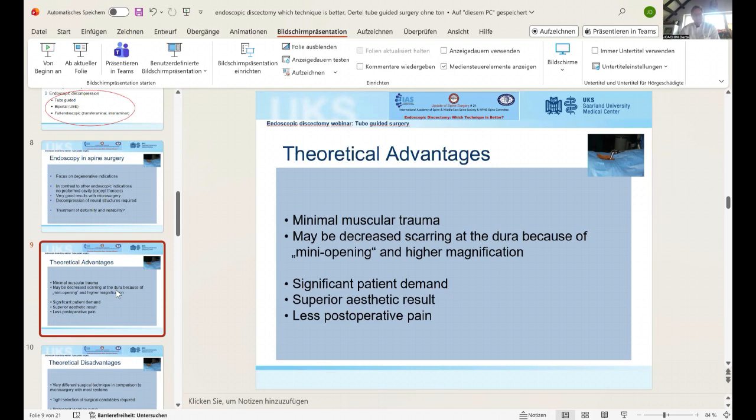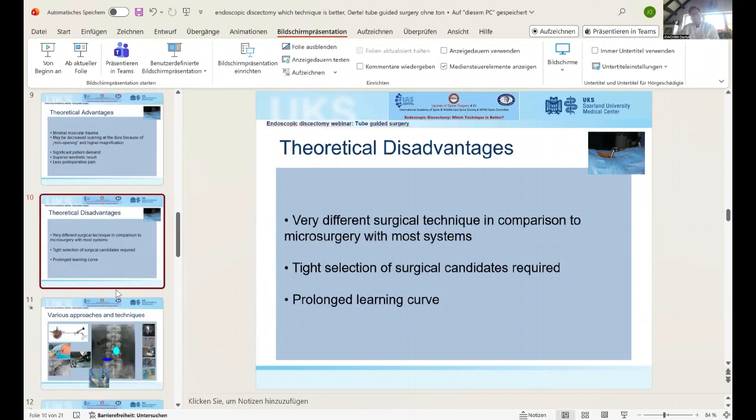What are the disadvantages? The disadvantages are that the microsurgical techniques are different from the endoscopic techniques. So either you focus on endoscopy and do only endoscopy, or you have to have a mixture of microscopic, exoscopic, and endoscopic procedures, and then you need quite a caseload to master all the different techniques. So tight selection of surgical candidates is required.